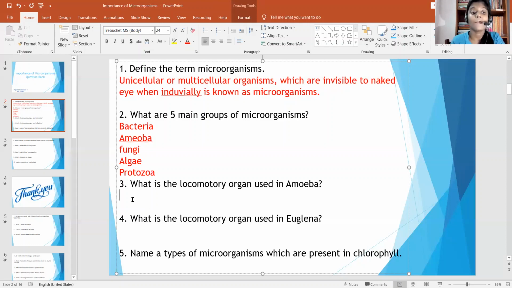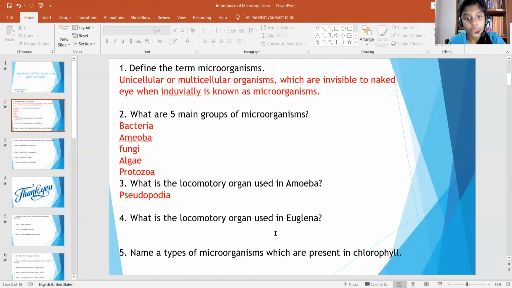It moves with the help of pseudopodia, a kind of organ in amoeba that helps in locomotion. Here the letter P is silent. Now let's go to the fourth one.